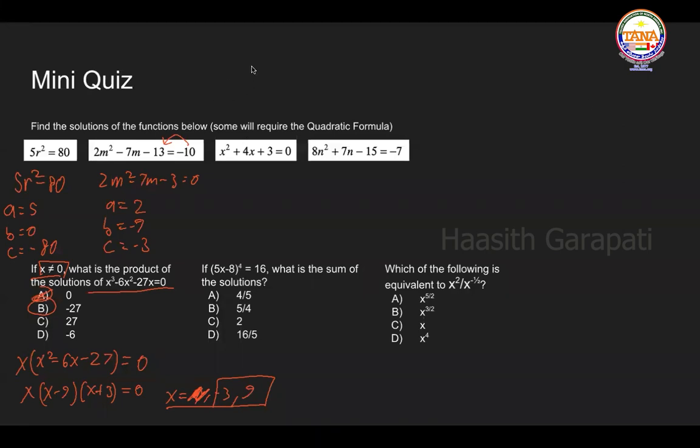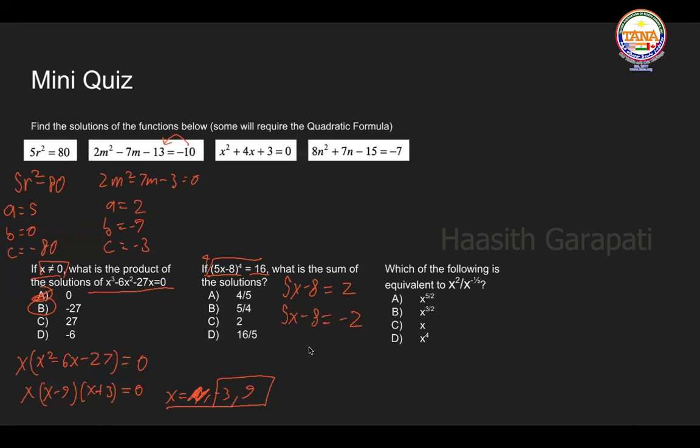Okay, for our next question, 5x minus 8 to the 4th is equal to 16. All right, we'll just root the whole thing to a factor of 4. And remember, since we're rooting by an even number, we have to do the plus or minus split. We end up with 5x minus 8 is equal to 2, and then 5x minus 8 is equal to negative 2.